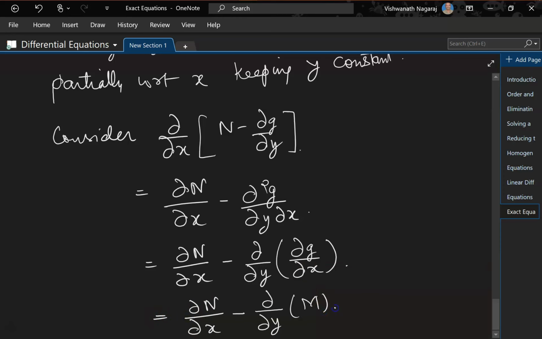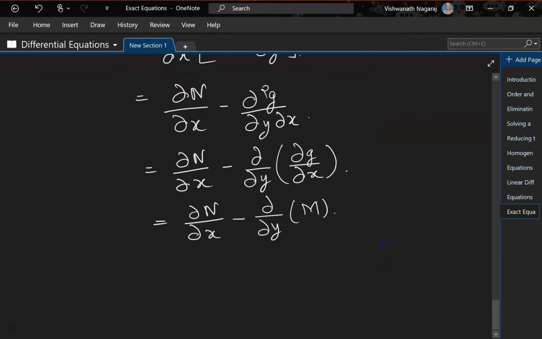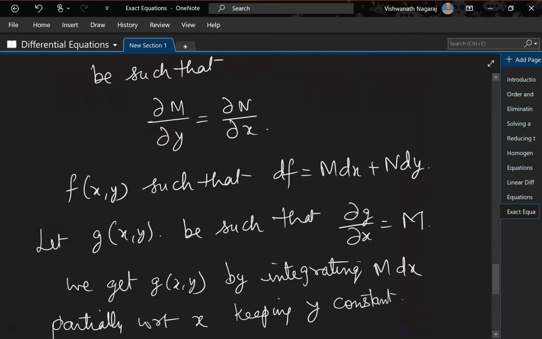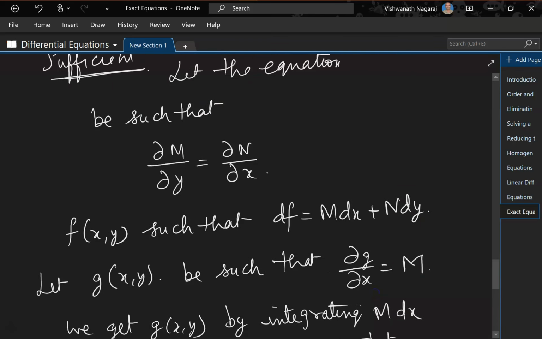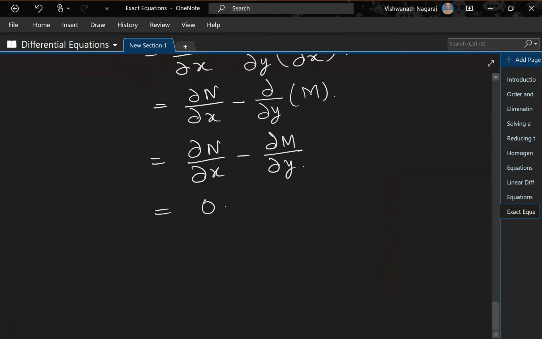Yes, M. Remember here, ∂g/∂x is equal to M. So what we end up with is ∂N/∂x minus ∂M/∂y. Now this is equal to 0. Again, how can we say that this is equal to 0? Because we started off with the statement: let the equation be such that these two are equal. So if you bring one to the other side, if you subtract these two, you get 0.